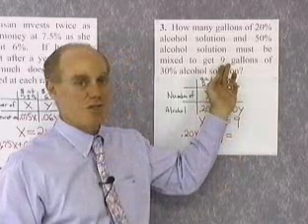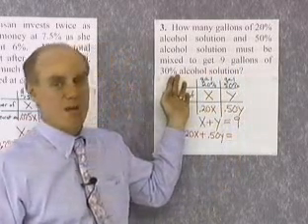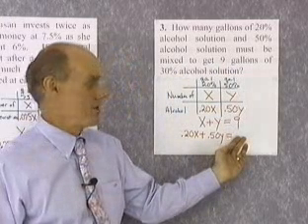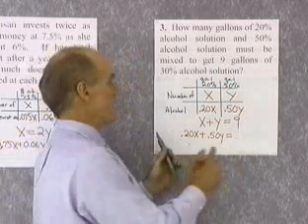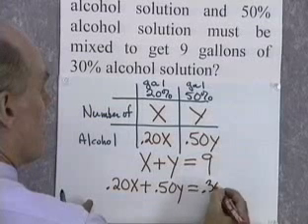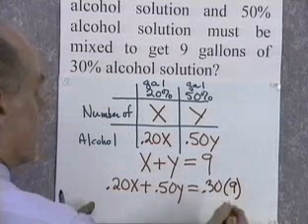And the final solution is 9 gallons that's 30% alcohol. So the number of gallons of alcohol in that final solution must be 0.30 times 9.